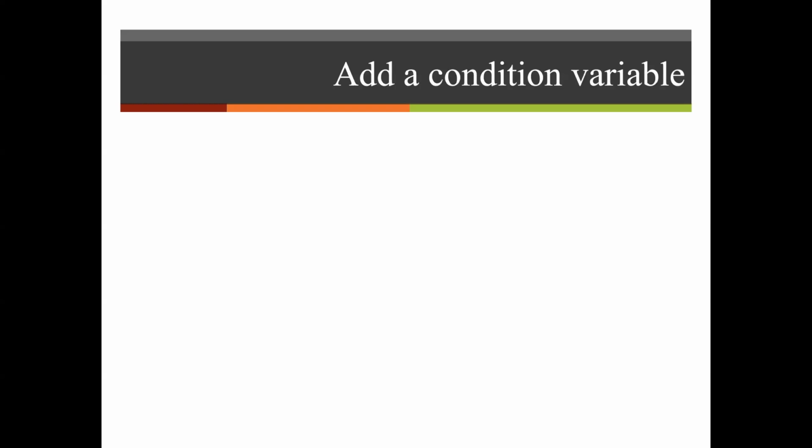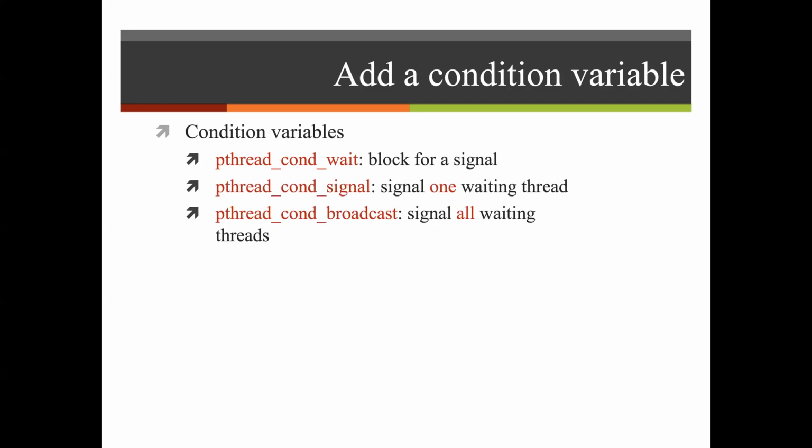With the condition variable, we're going to provide a way to abstract the semantics of the program to execute for a specific condition. So for condition variables, we have pthread_cond_wait, which blocks for a signal. We have pthread_cond_signal, and it signals one waiting thread. pthread_cond_broadcast signals all waiting threads.